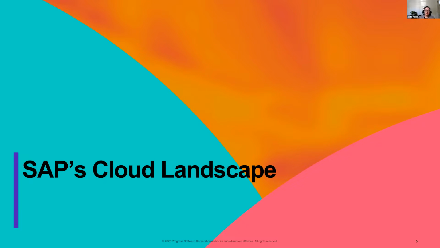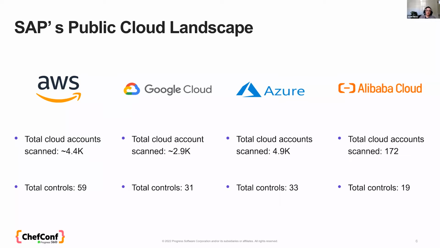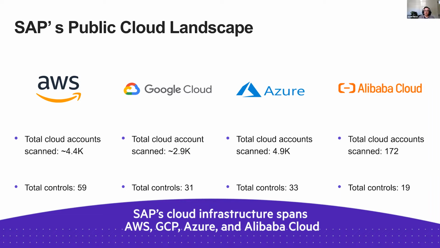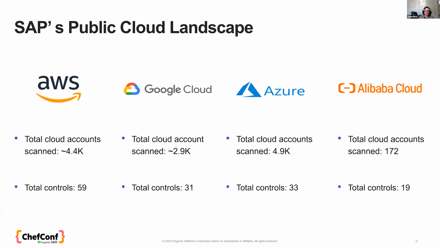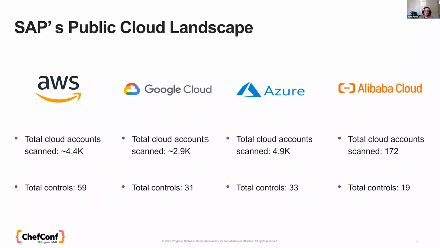So with SAP's cloud landscape, we are truly multi-cloud. We've got AWS, GCP, Azure, and Ali Cloud. We're operating on each of these cloud providers. You can see the number of accounts that we scan on each of these providers. We have about 4,500 on AWS, about 3,000 on GCP, almost 5,000 on Azure on multiple tenants, and a little under 200 on Alibaba Cloud.